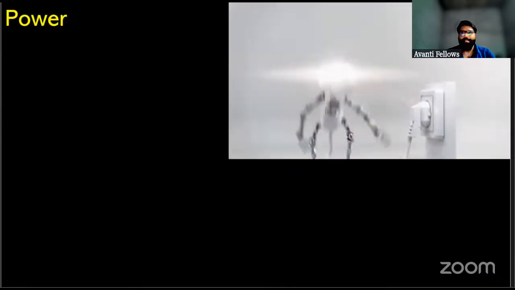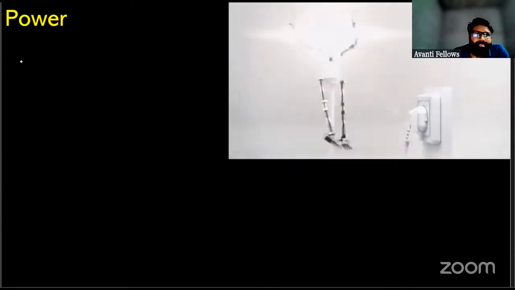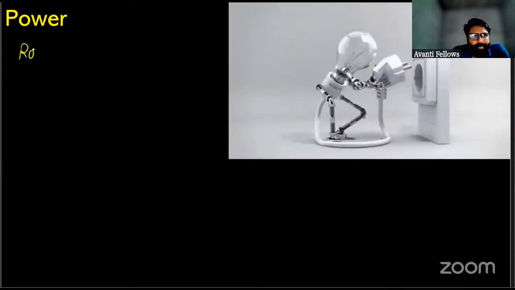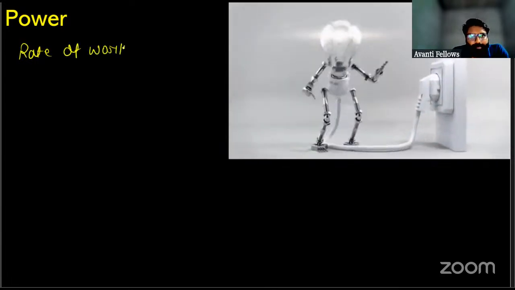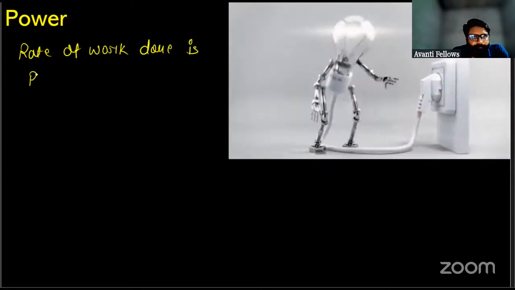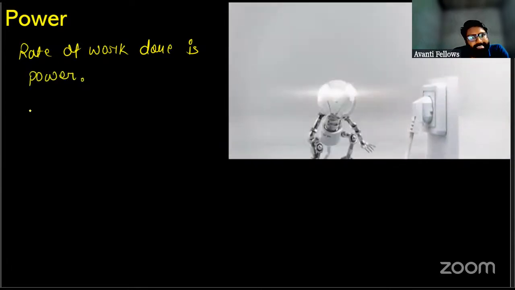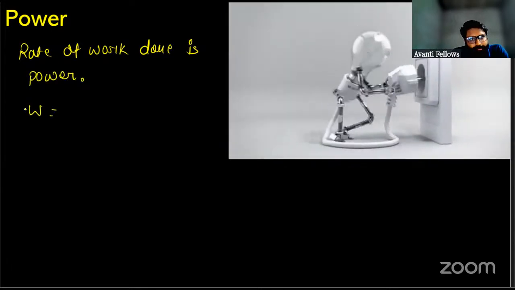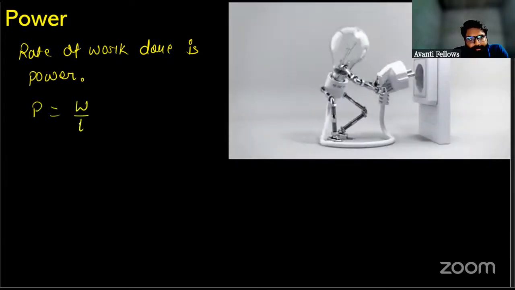Now we will look into power. You can enjoy this animation. Power is nothing but the rate of work done. So power is given by P equals W by t.